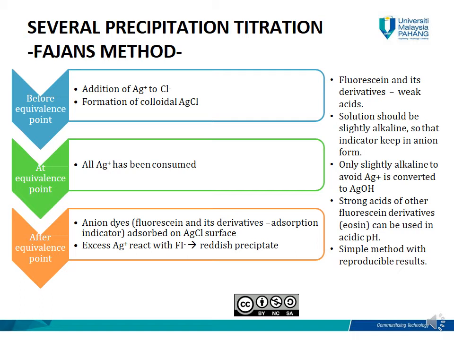So let's look at the process. Before the equivalence point, you add the silver ion into your sample, and then silver chloride precipitate forms. At the equivalence point, the silver ion has been consumed, and after the equivalence point, you will see the dye that you use as indicator, in this case fluorescein and its derivatives, adsorb on the silver chloride surface.